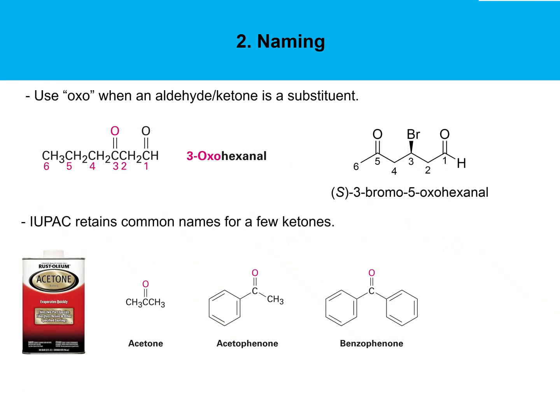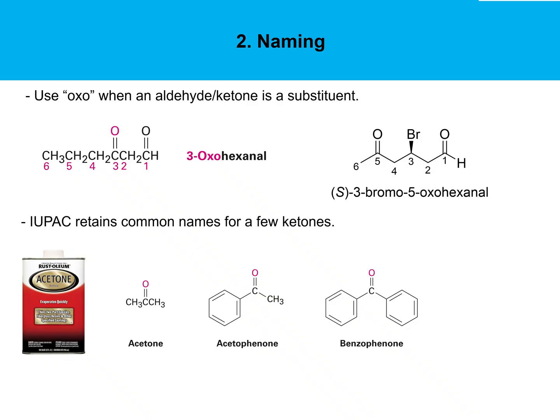If you have an example of a ketone or an aldehyde in a molecule that has another functional group with a higher priority, we can use the substituent name oxo for aldehydes and ketones to indicate that they're on the molecule. In fact, ketones are a lower priority group than aldehydes.